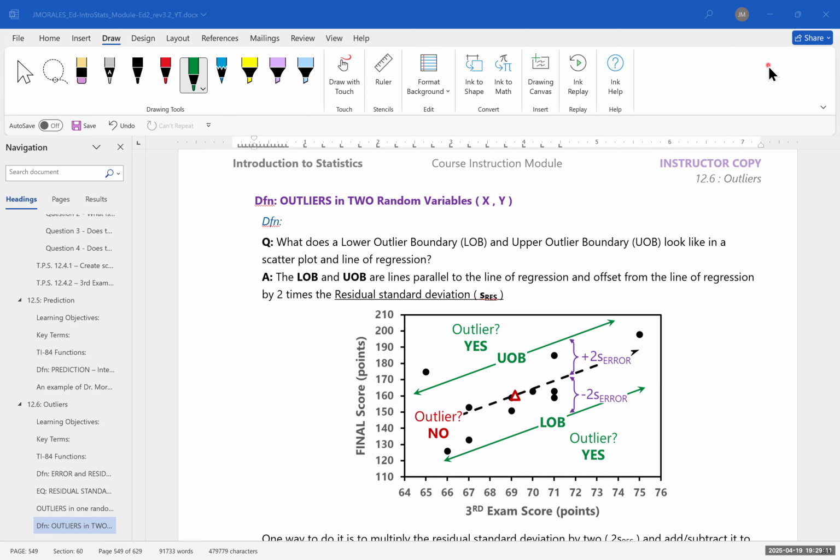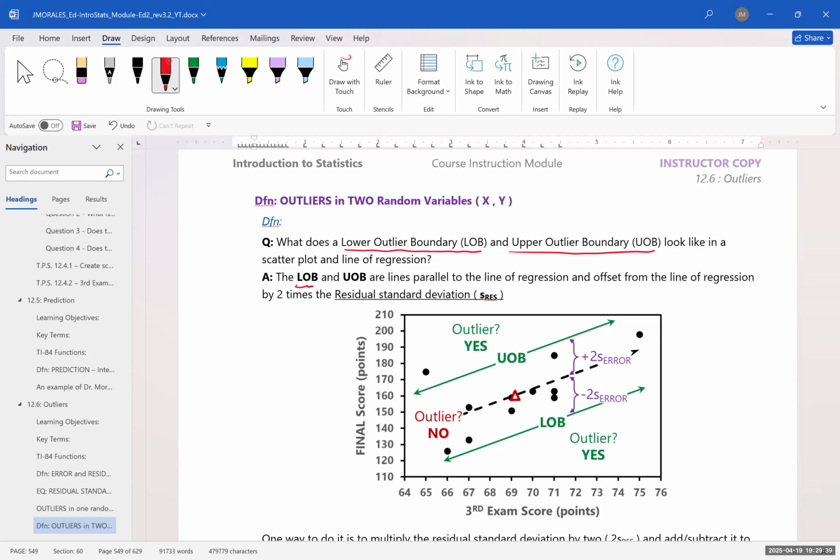All right, so looking for outliers in two random variables. There are other circumstances to have outliers. This is just one of them, and this is the only one we're going to touch on here. So what does a lower outlier boundary and an upper outlier boundary look like in a scatter plot and a line of regression?